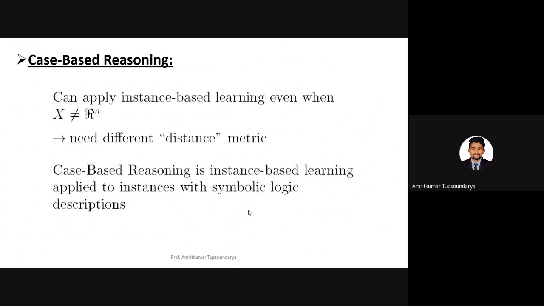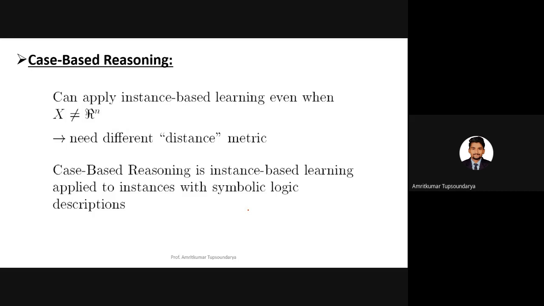In case-based reasoning, we can apply instance-based learning even when X is not equal to Rn. Rn is the set of real numbers. So we can apply instance-based learning even when the instances are not real numbers.